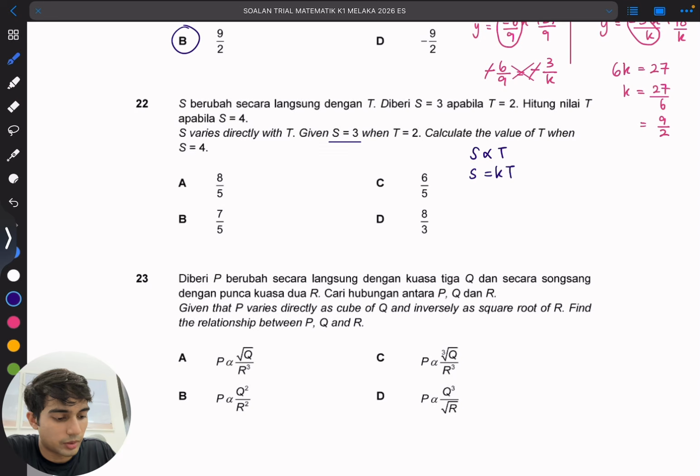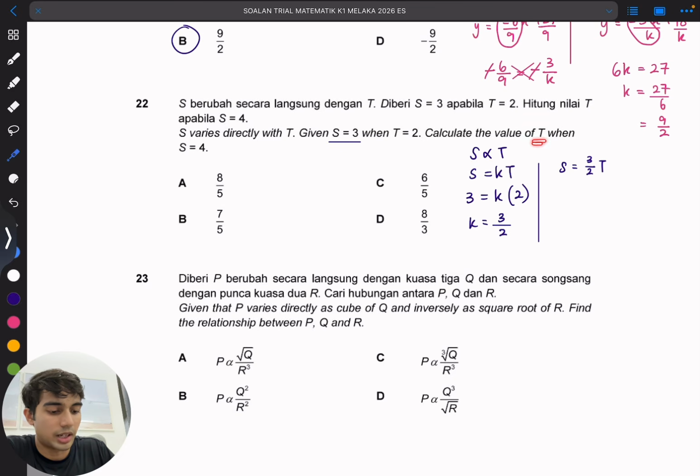Then they said S is 3 when t is 2. So from here we can find k. So k will be 3 divided by 2. Then we can write it back. S is 3/2 t. So I substituted the k inside here. We get this. Now we can easily calculate.